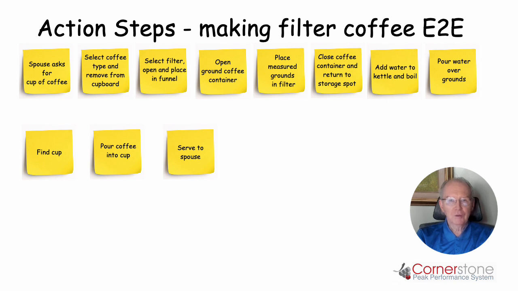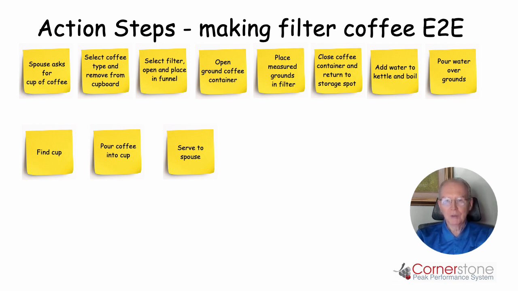So these are the action steps for making filter coffee end to end. So the spouse asks for the coffee, you select the coffee type, and you take that out of the cupboard. You select a filter, you open it and place it in the funnel that's above the pot. You open the ground coffee container, you place a measured amount of coffee in the filter. You close the coffee container and return it to its storage spot.